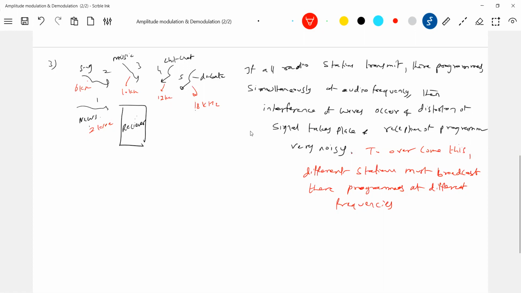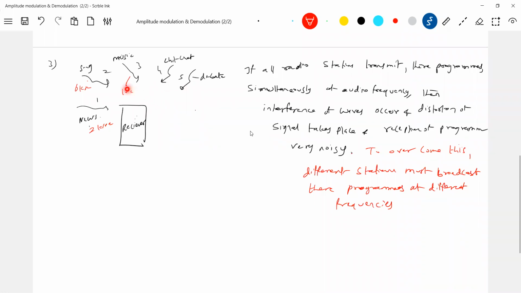When you speak, what happens? The sound signals will range from 20 to 5 kilohertz. And you take music, no? It will range from almost 20 to 20 kilohertz. So no way of allotting frequencies like this, audio frequencies. We can't put a condition. Okay, shall I ask you to speak at 2 kilohertz, 2000 hertz only? Not possible, no? So therefore, there's a stupidity here.